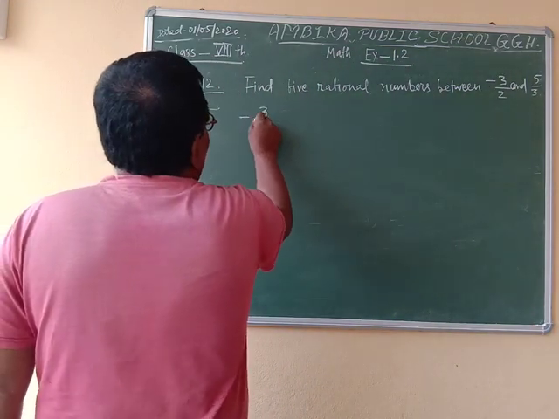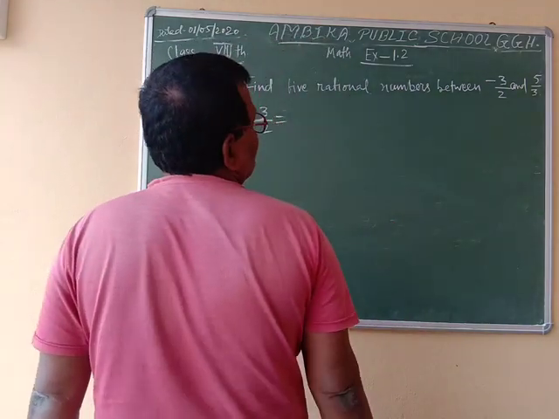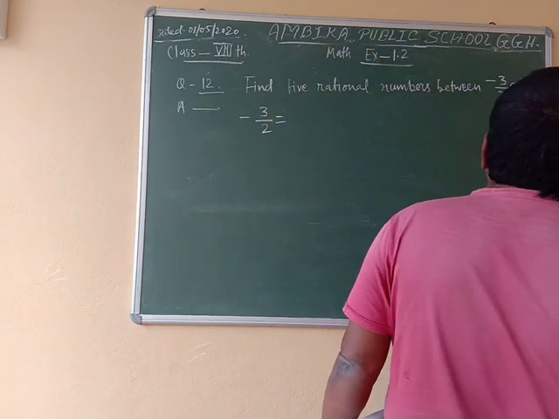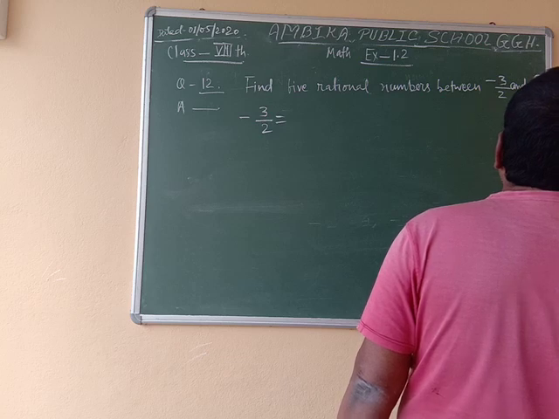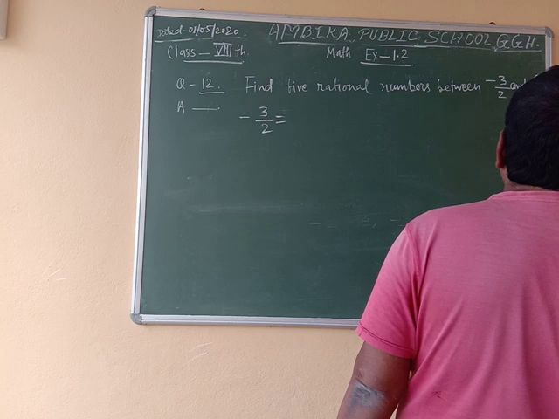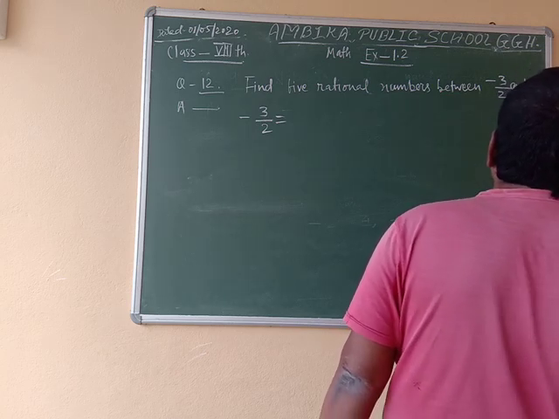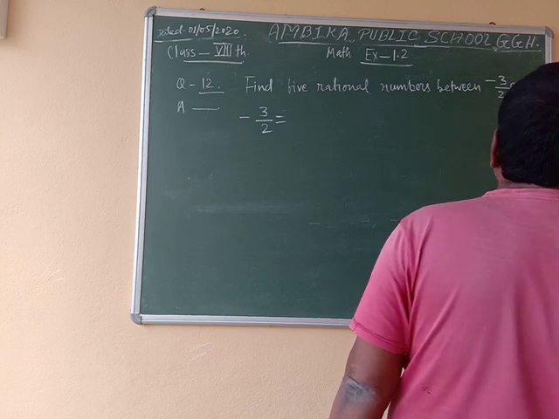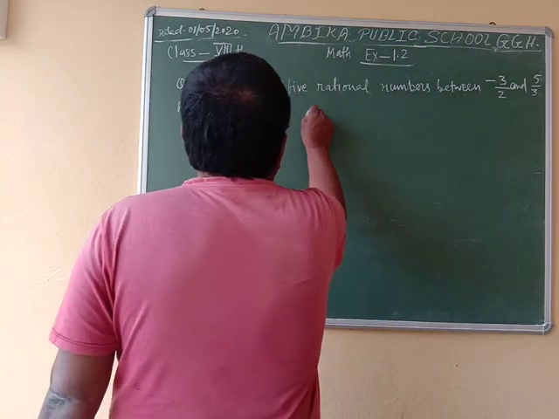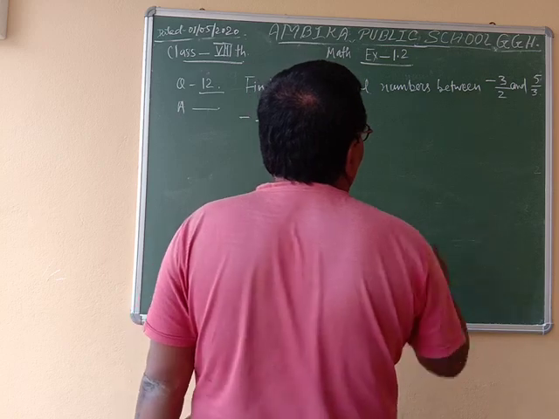Minus 3 by 2 is equal to minus 3 into 6 by 2 into 6.